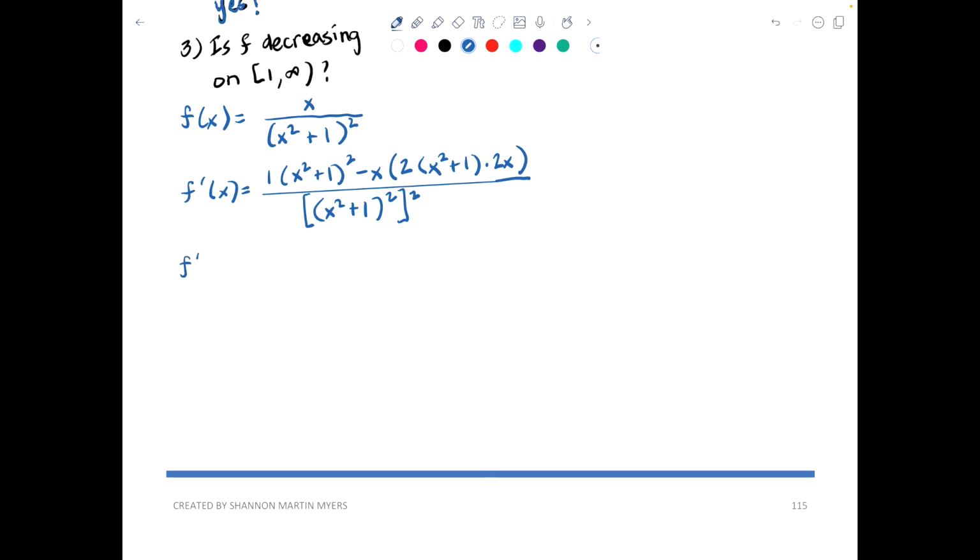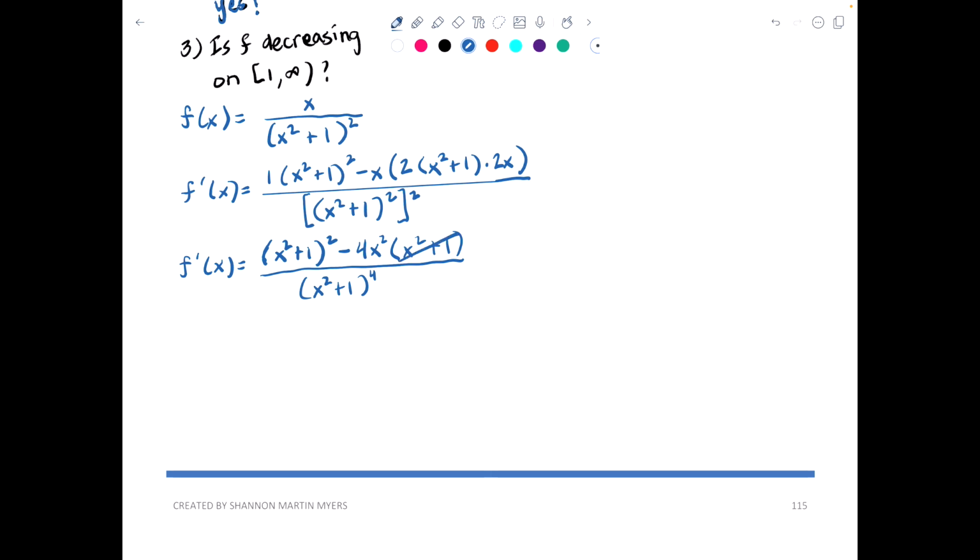So we'll get f prime of x equals x squared plus 1, the quantity squared, minus 4x squared, from the x times the 2 times the 2x, times x squared plus 1 to the 1 power, all over x squared plus 1 to the 4th.